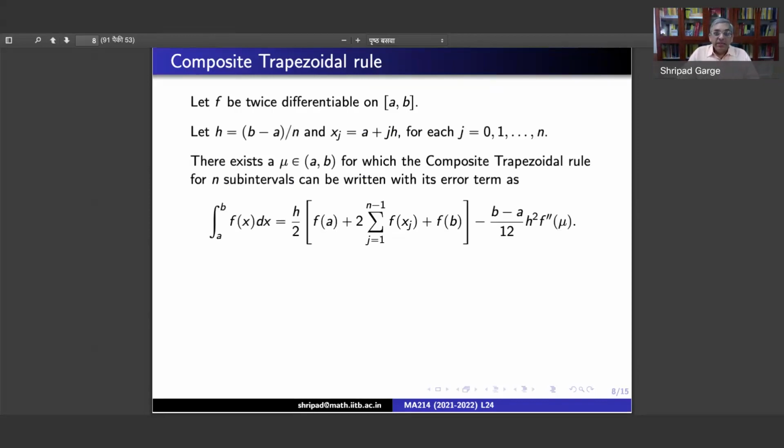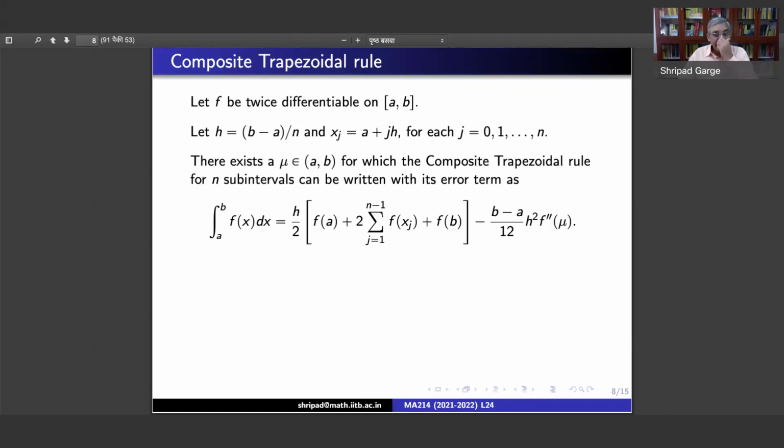So once again we have FA coming with multiplicity 1, FB coming with multiplicity 1, and all other f of xj are coming with multiplicity 2, because they will be added up when you take the middle ones, which will come for the trapezoidal rule for both the intervals on the two sides of those nodes. The error is (b minus a) upon 12 h square, the double derivative of the function evaluated at mu. So this is how the error is described.